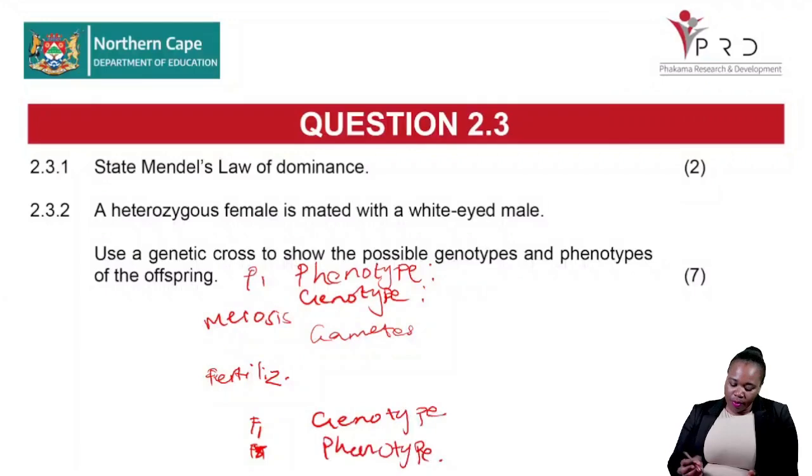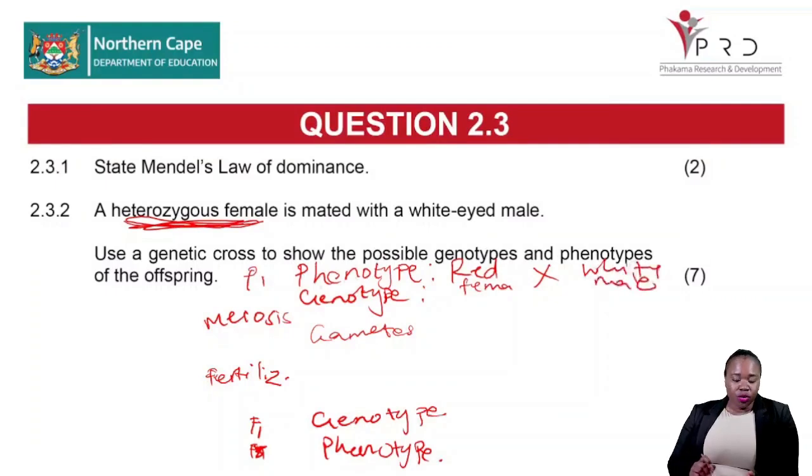Right, phenotype, it is a red-eyed female. Red-eyed female crossed with a white-eyed male. Then the genotype. Here we have X capital R heterozygous, X small r crossed with a white-eyed male, X small r Y. Then the gametes.